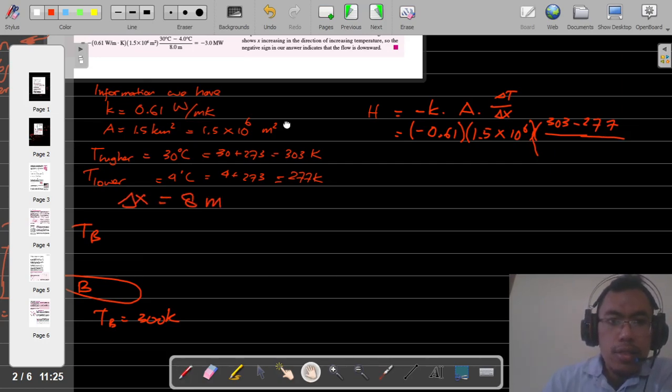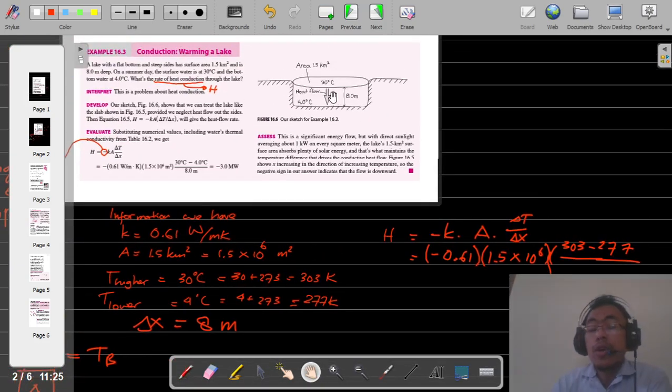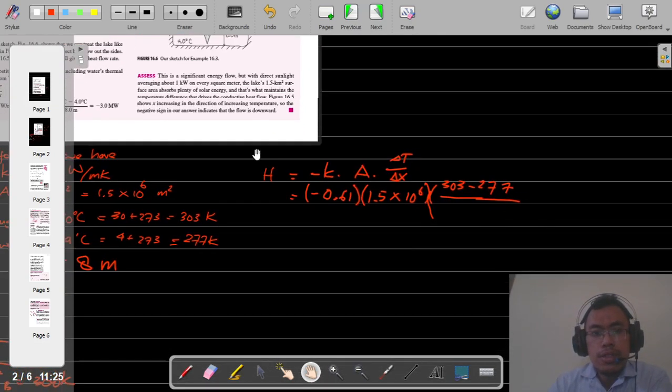The delta X is the depth of the lake, because the direction of heat transfer is from surface to the bottom. So this is the thickness of the material, 8 meter.